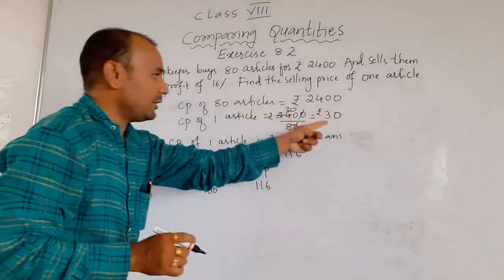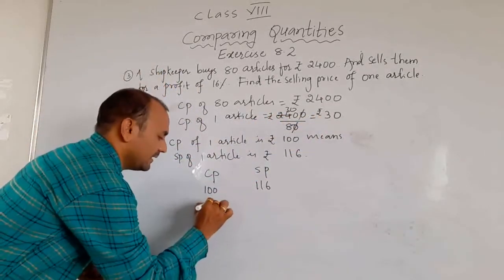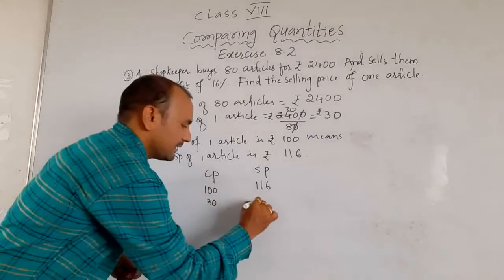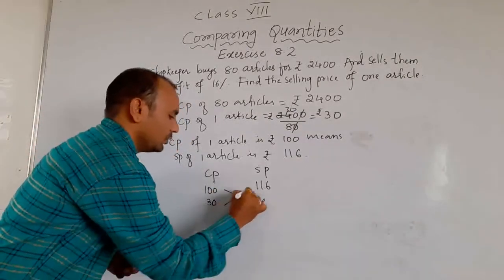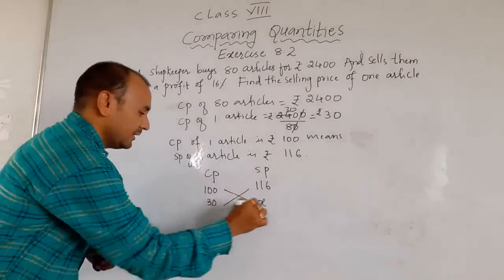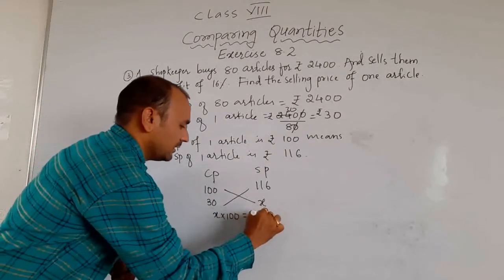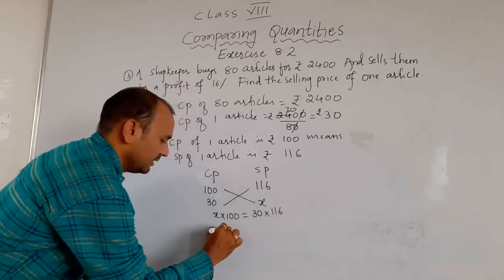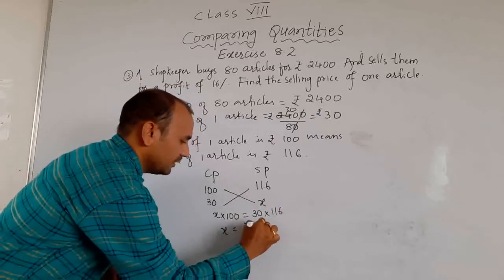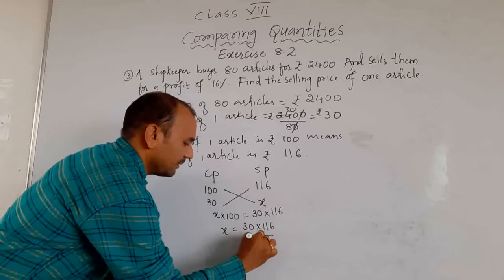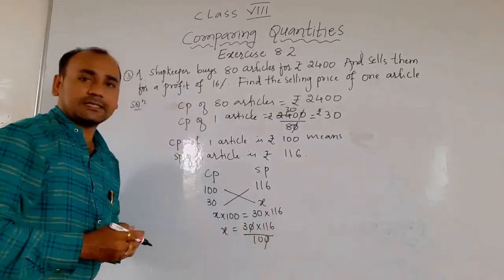Right? So now we know that the cost price of one article is rupees 30. The selling price of the one article we don't know. Don't know means again we need to cross multiply. That is x into 100 is equal to 30 into 116. So x is equal to 30 into 116 divided by 100. 1 0, 1 0 cancel. Right?